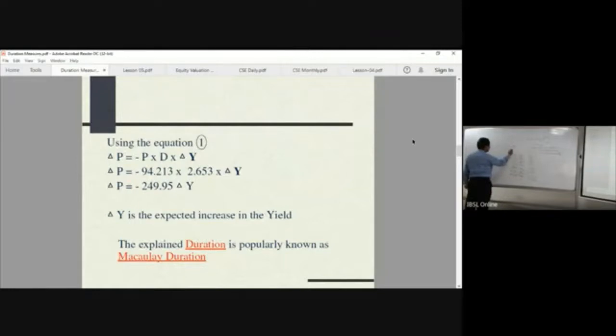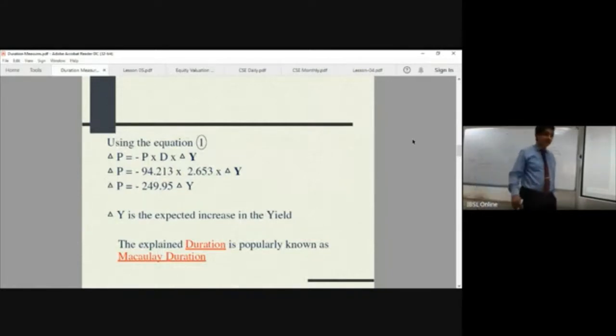And when delta y is 0.01, delta P is this, 2.4995 minus.